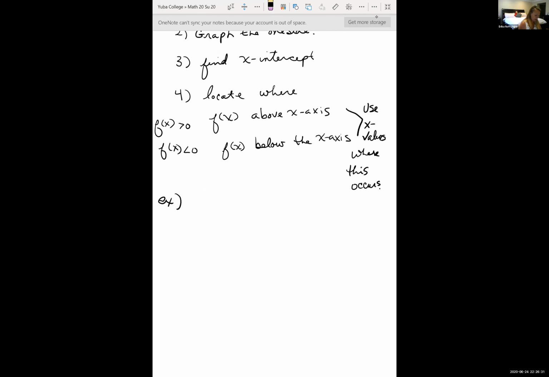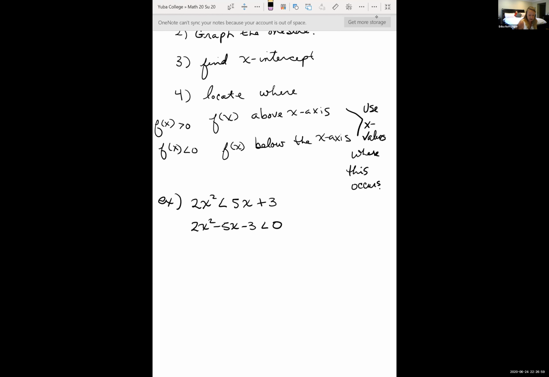Okay, so let's say it was 2x squared is less than 5x plus 3. This method says get everything to one side of the inequality. So let's subtract 5x and let's subtract 3. If we do that, we have 2x squared minus 5x minus 3 is less than 0.